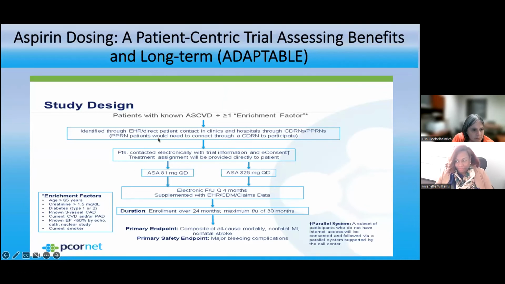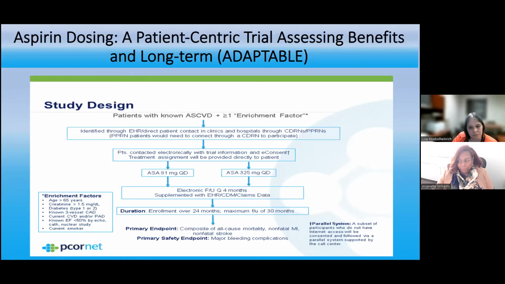The workflow is we identify the patients at our site and then reroute them via an electronic method. The ADAPTABLE study was advertised as a pragmatic trial, and we did not want a whole lot of manual work. We wanted to try out all these tools that are at our disposal, like Heron and MyChart communication first, because that's the lowest hanging fruit before we bring in a lot of study coordinators onto the trial to see how that works.